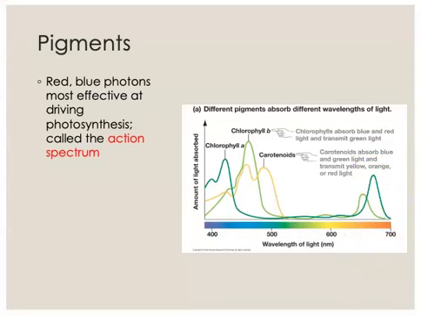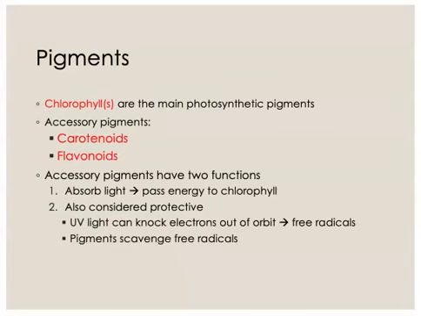Chlorophyll pigment is capable of absorbing light in both of those wavelengths. So inside an organism that can perform photosynthesis, chlorophyll is the main photosynthetic pigment. But there are accessory pigments in those cells as well. The carotenoids are one, and there's another called flavonoids.